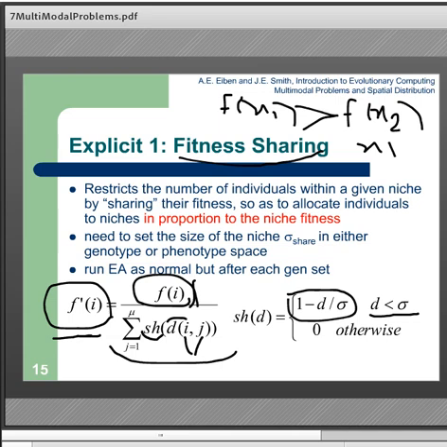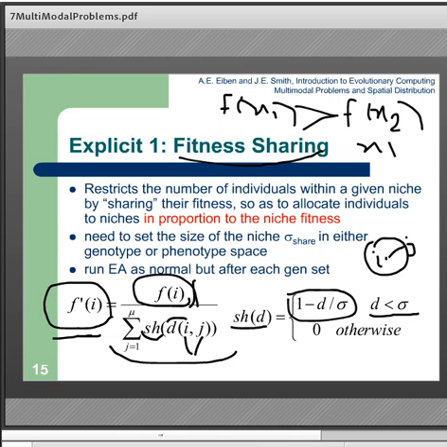In a radius of neighborhood, we use SH(d), and if i and j are more distant, then the SH is smaller.